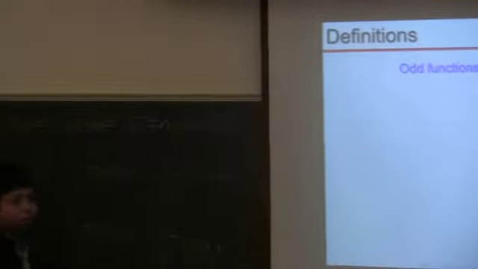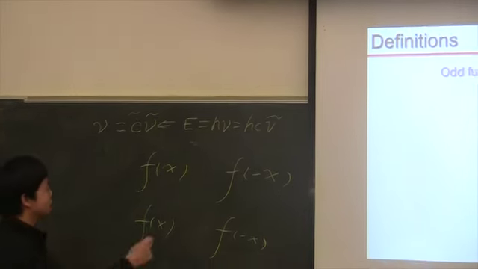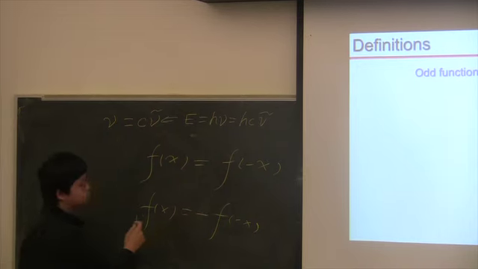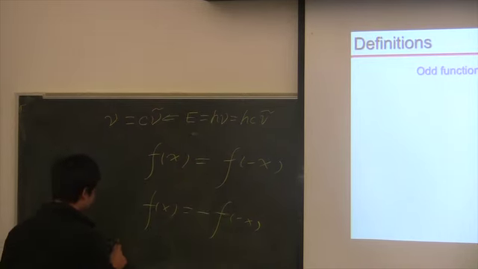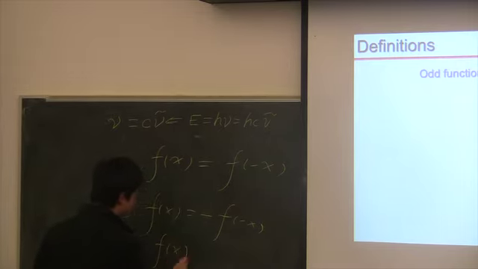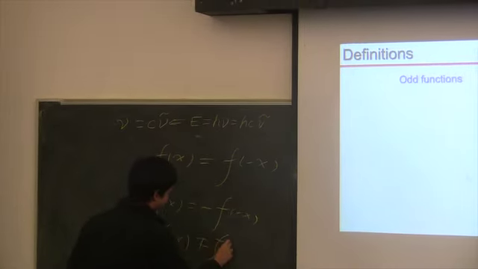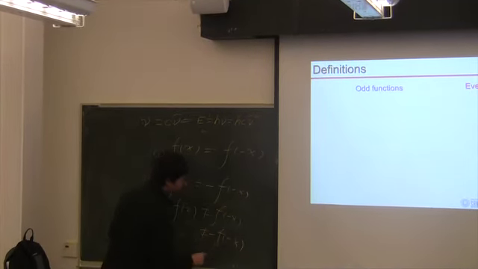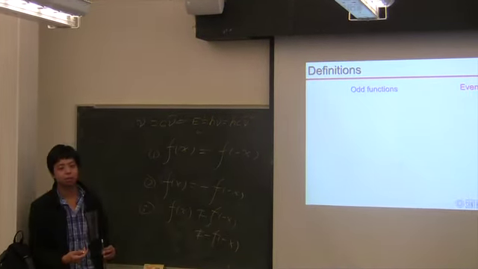And simply there are two possibilities. One is they equal to each other. Another one is they equal to the negative one. And the third one is, well, it's not equal to f(-x) nor -f(-x). There are just three possibilities.